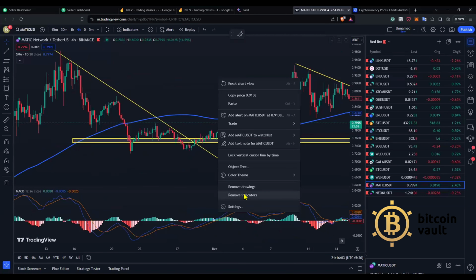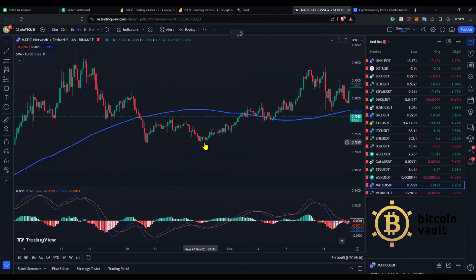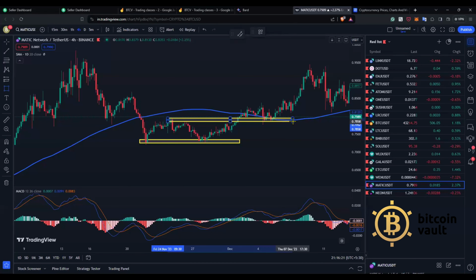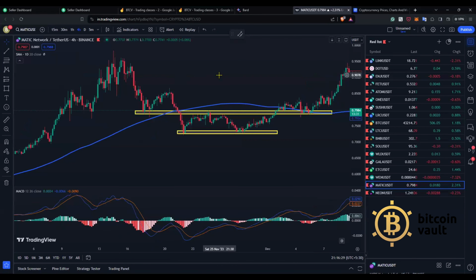See, let me remove the drawing. See these levels, same levels. Market moved up, came back down. See, the market is dropping, right? The market is dropping. It moved up. See what happened next? It broke this particular level, and this level becomes a support in the future, right? See, support becomes resistance, resistance becomes support. Classic thing that we have understood every time.